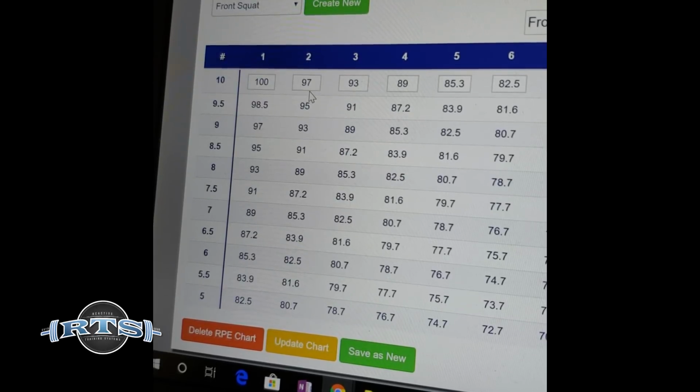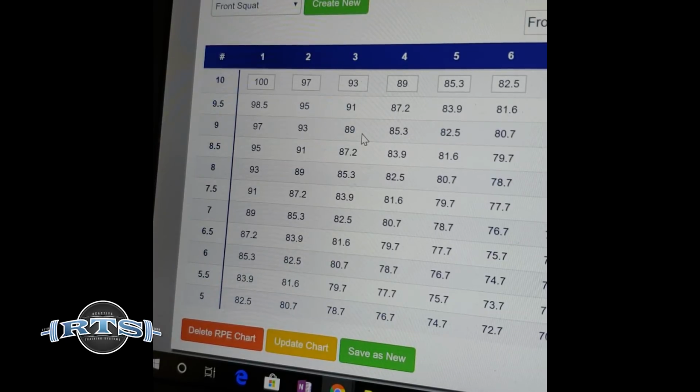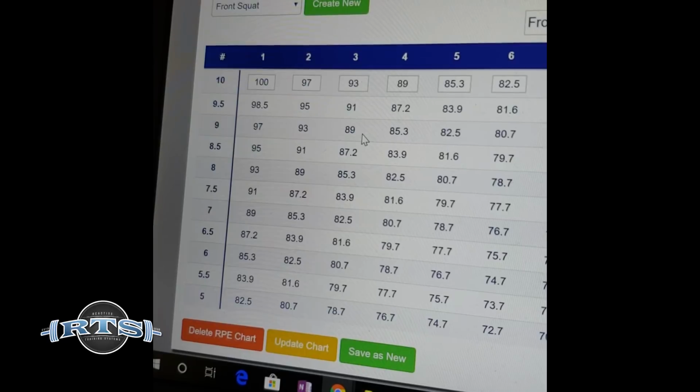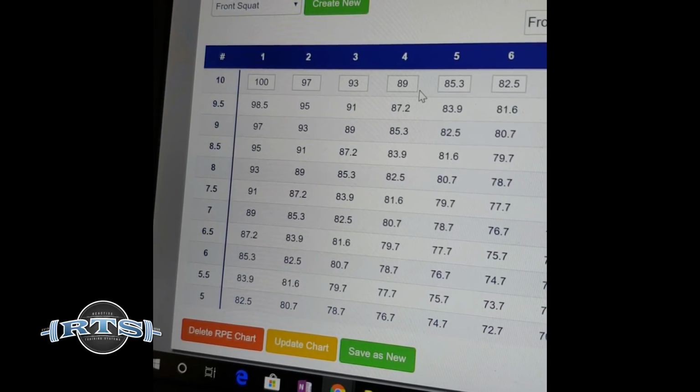So for a given level of intensity, let's look at a triple at a 9 RPE. For my front squats, about 89%. So if I were to do another repetition, it's going to be a 10 RPE. So 4 reps at a 10 is also 89%.